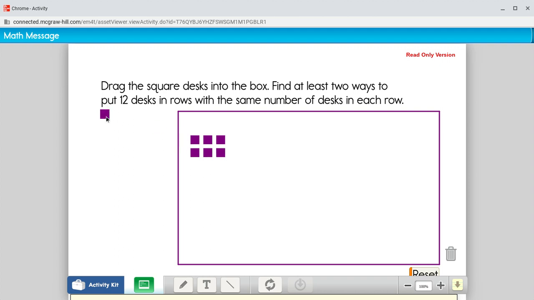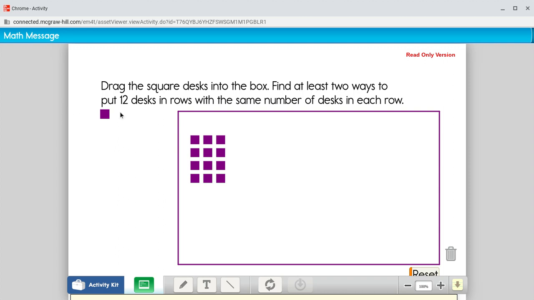All right, so that's 6. And then I'm going to do 7, 8, 9, and then we're going to do 10, 11, 12. So here's one way that we could set up 12 desks with the same amount of desks in each row. This desk has 4 rows, or 3 in each row for those desks.